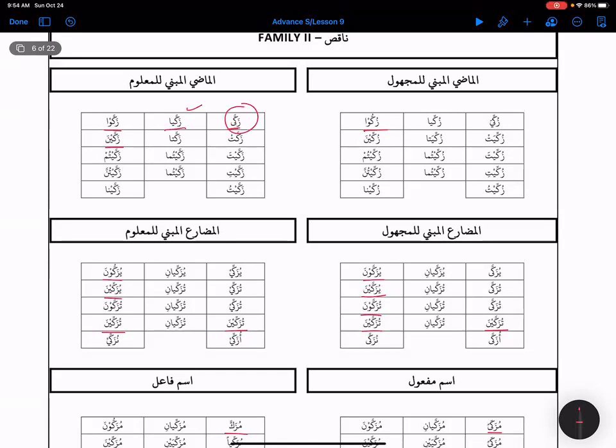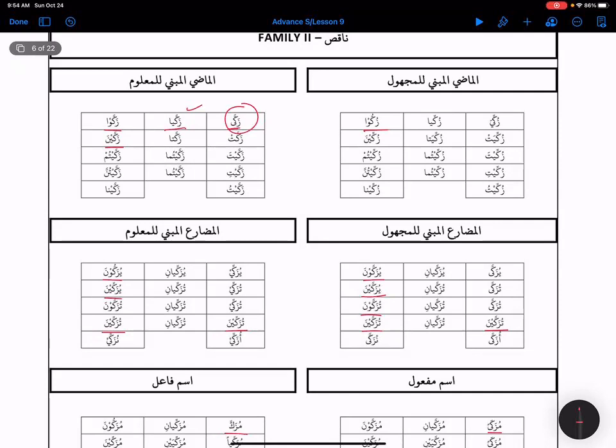Because we have ya, and before that we have fatha, the ya is becoming alif. Basically we are applying the ajwaf rule here: whenever the middle root letter has fatha, the weak letter changes into alif.